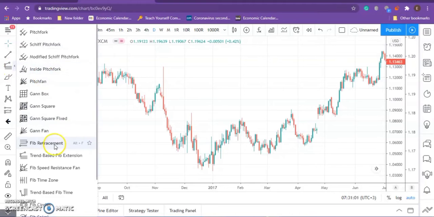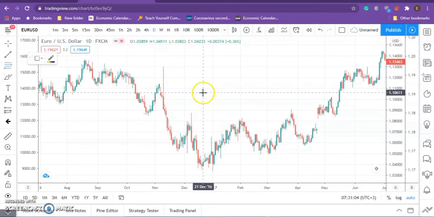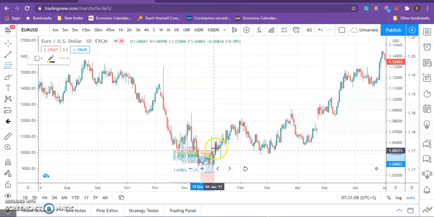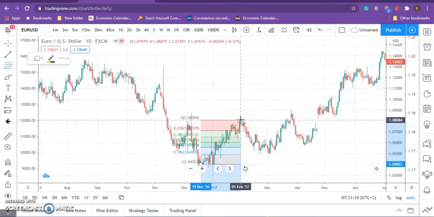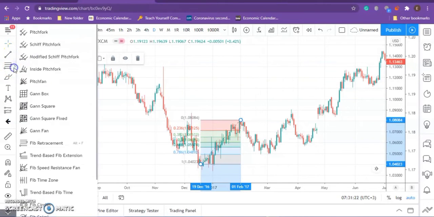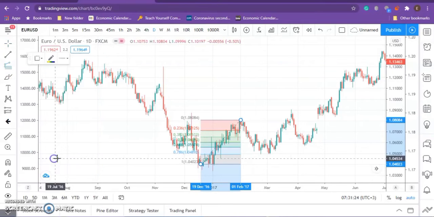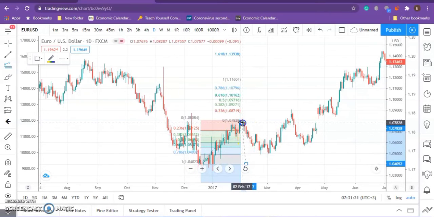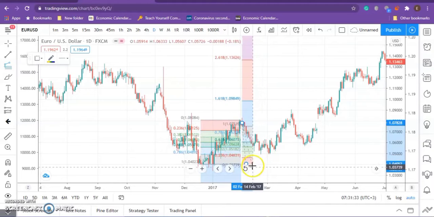We are going to take the Fibonacci retracement tool, and then we are going to place it on our X. We go all the way to our A, and then we are going to take our Fibonacci extension, and then we are going to place it still from X up to A and then back to X.